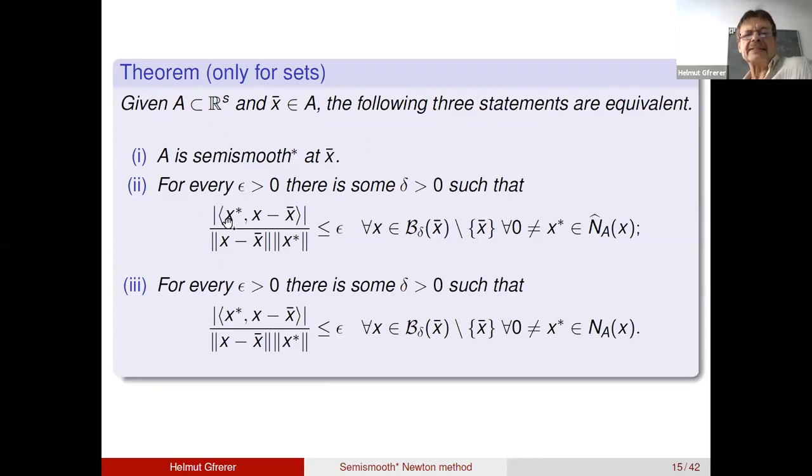This is nothing else than the cosine between the normal x star and this direction x minus x bar, and this cosine should be less than or equal to epsilon. So these normals should be nearly orthogonal to this direction x minus x bar. And a similar relation holds not only for the regular normals, but also for the limiting normals.